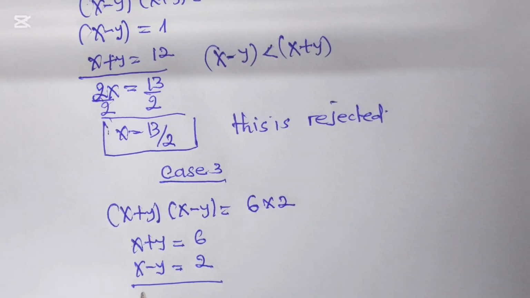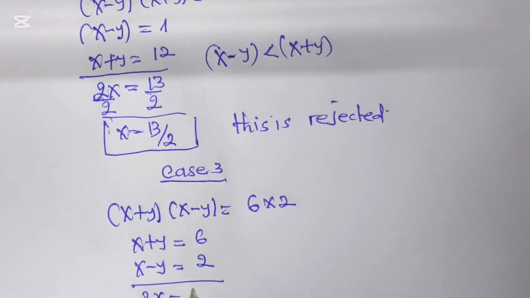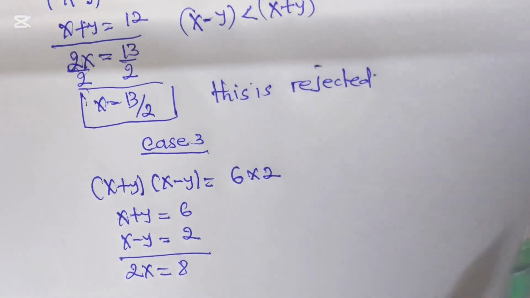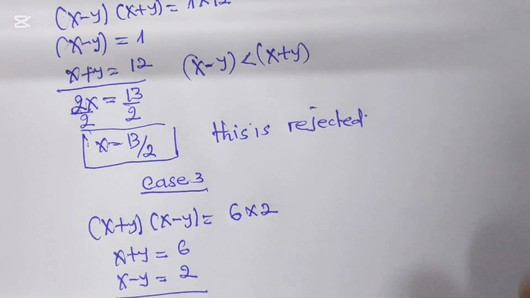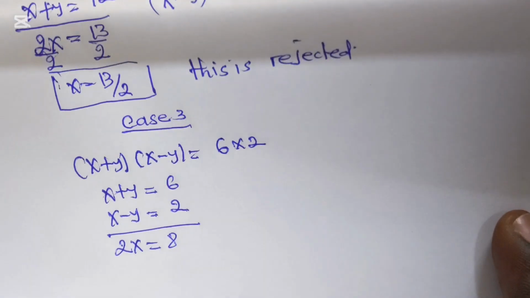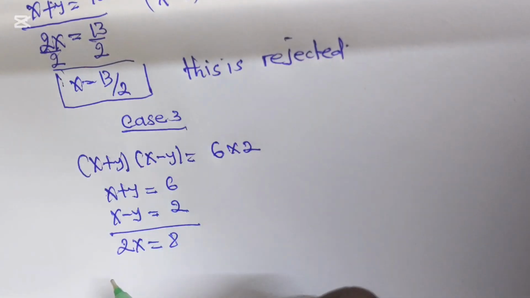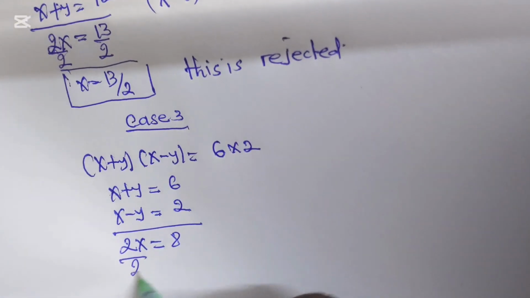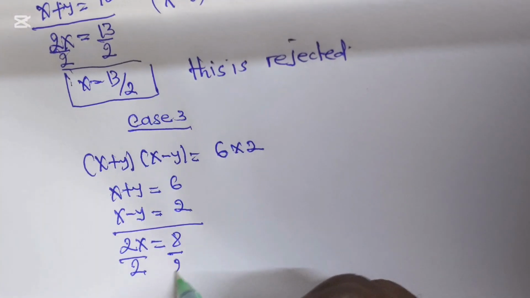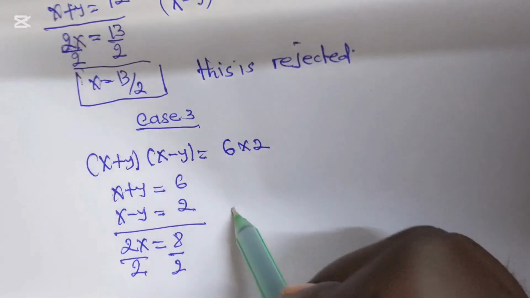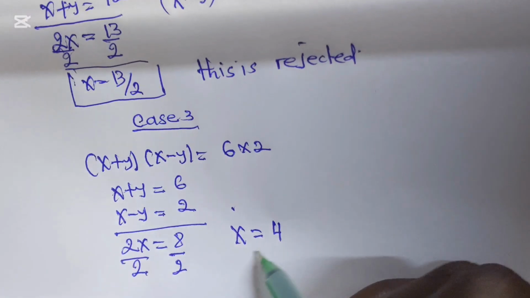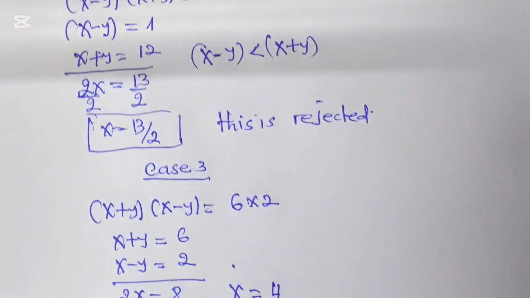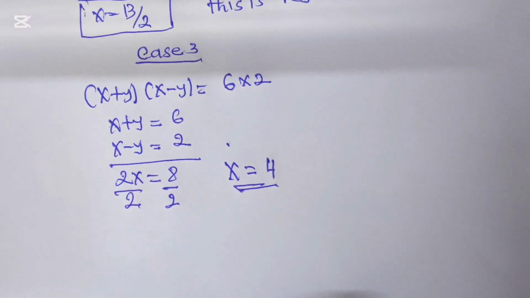By adding, we get 2x equals 8. Dividing by 2, our x will be equal to 4.